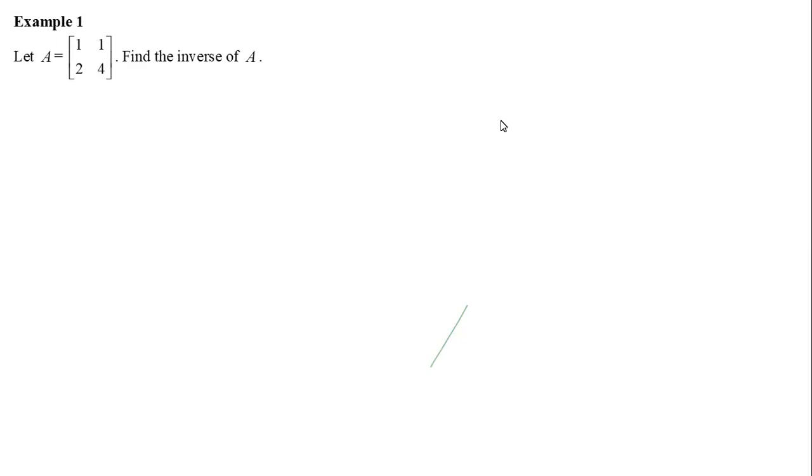Since the minor is 4 2 1 1, then the cofactor will be 4 minus 2 minus 1 and 1.